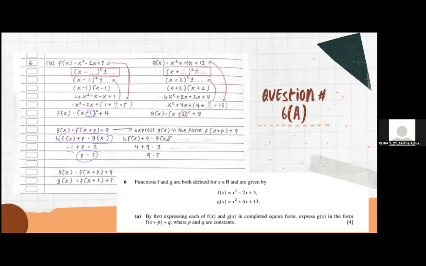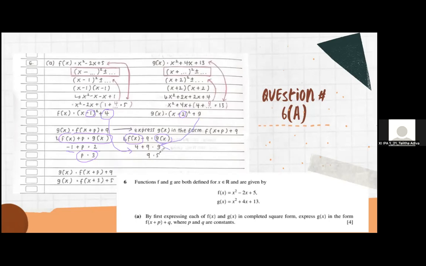And then we do the same to find the q. So we substitute the number from f of x, this one to here, and from the g of x, this one to here.